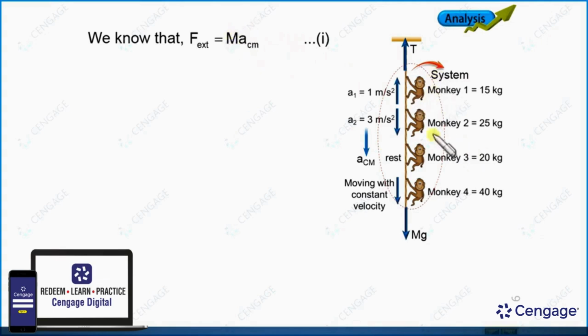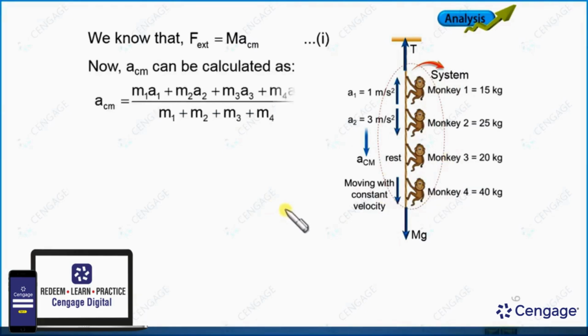Capital M is the mass of the 4 monkeys. So ACM we can write as M1A1 plus M2A2 plus M3A3 plus M4A4 divided by M1 plus M2 plus M3 plus M4. Now the first monkey is 15 kg with 1 meter per second square upward.